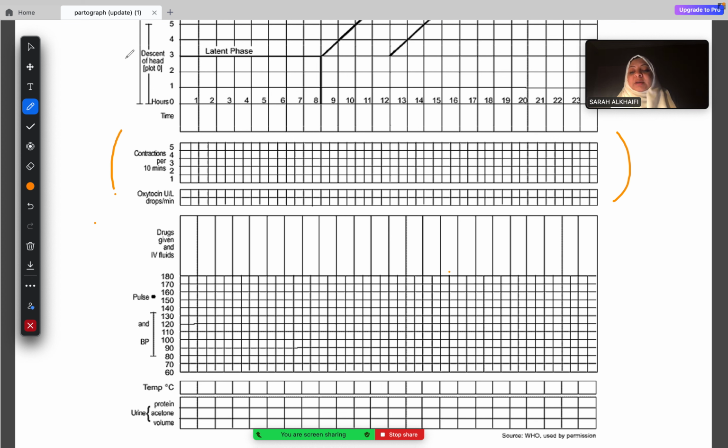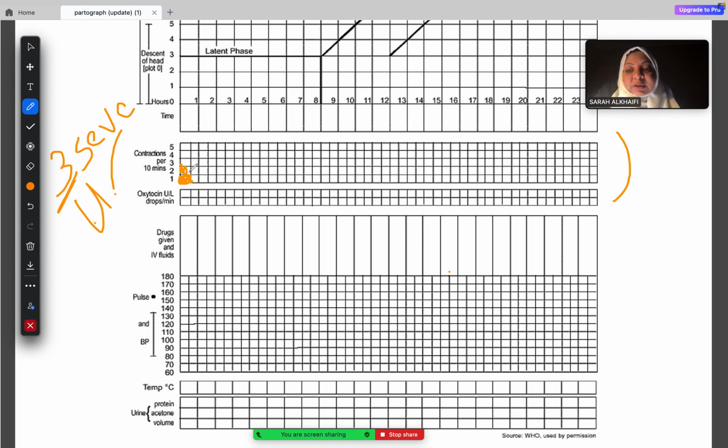So let's say you went and checked the electronic fetal monitoring, the CTG, every 30 minutes, and you found out that the patient is having 3 severe uterine contractions in 10 minutes. Which means you're going to color the entire box completely. 1 square equals 1 uterine contraction, and we have 3 uterine contractions.